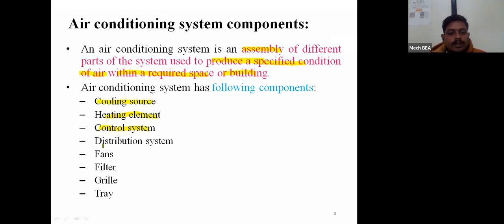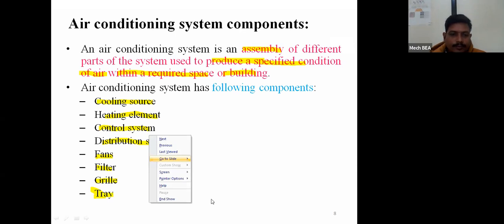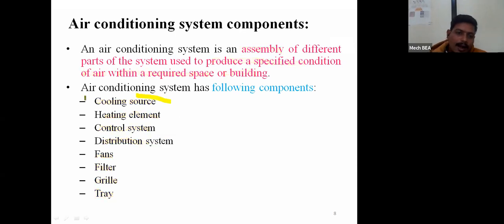With the help of the control system, that means temperature control, humidity control, various sensor systems will be used. Then the distribution system. We use fans or blowers, and for filtration of air we use filters. For proper distribution and movement of air we use grills, and for accumulation of moisture we should have trays.